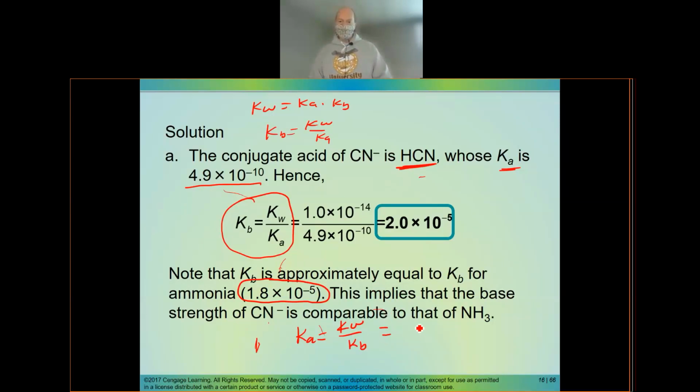You have your 1.0 times 10 to the minus 14 divided by the Kb that you found in table 16.2, 1.8 times 10 to the minus 5. And you get that the Ka for NH4+ is 5.6 times 10 to the minus 10.